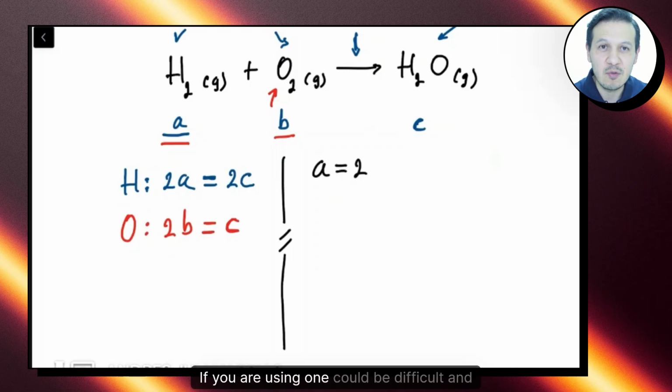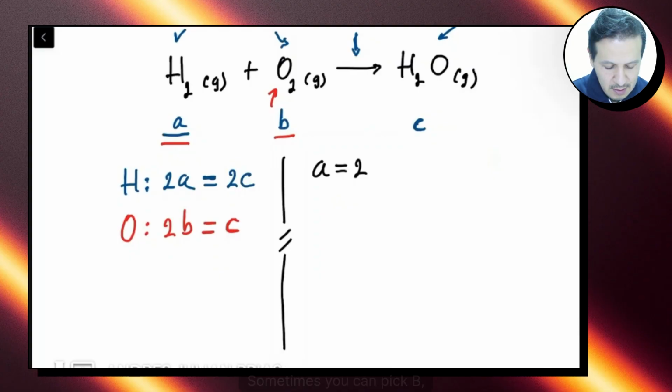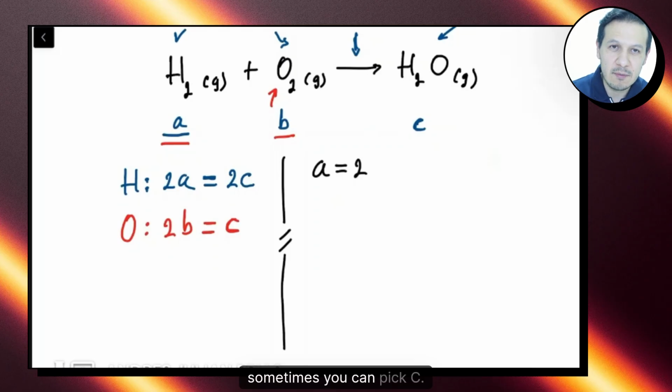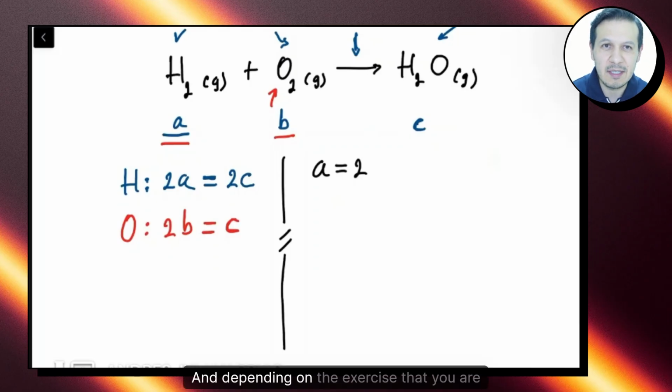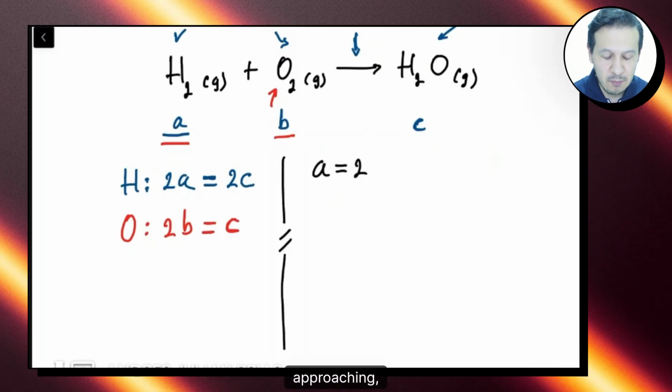If you are using 1, it could be difficult and challenging because sometimes you can produce a fraction when dividing by 2. Sometimes you can pick B, sometimes you can pick C, depending on the exercise that you are approaching. In this case, I would say that A equals 2.